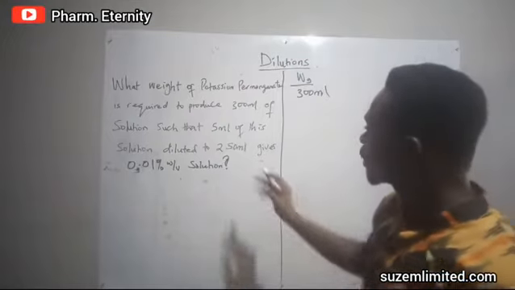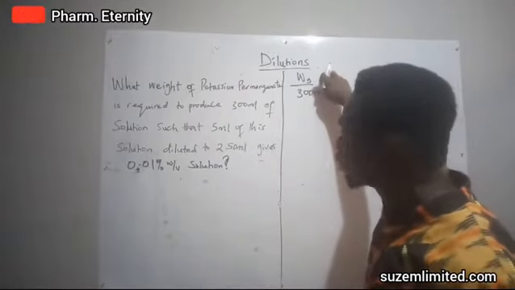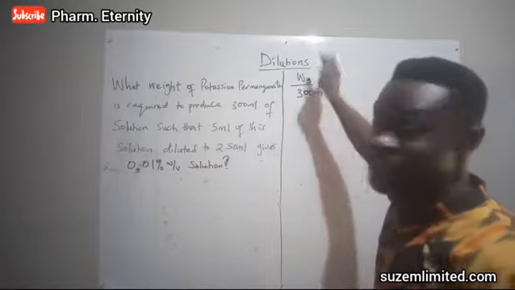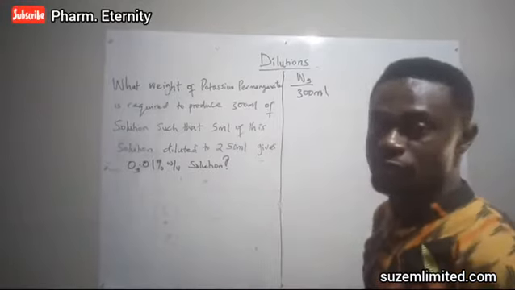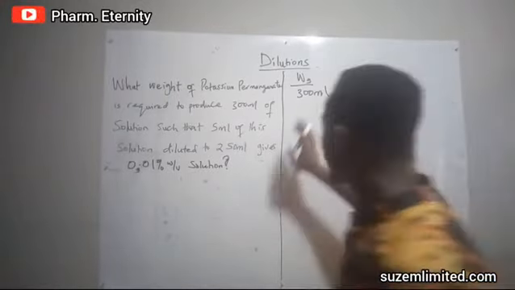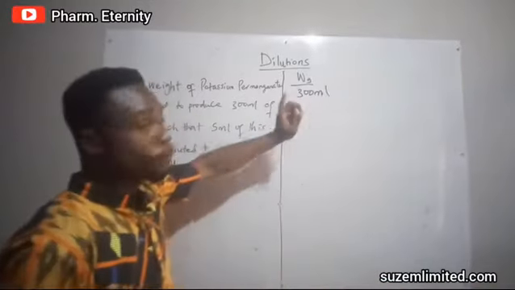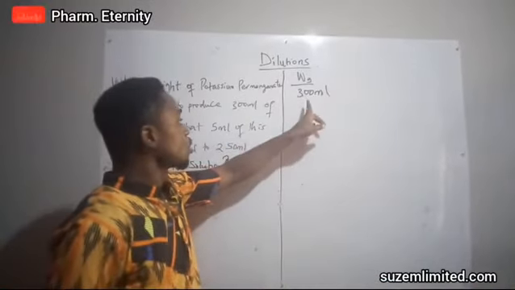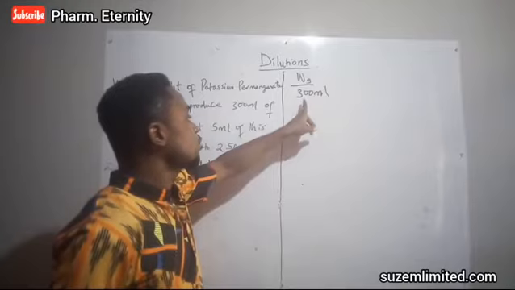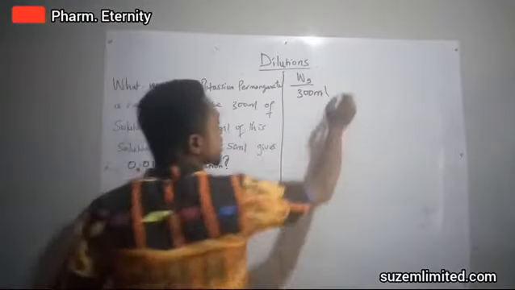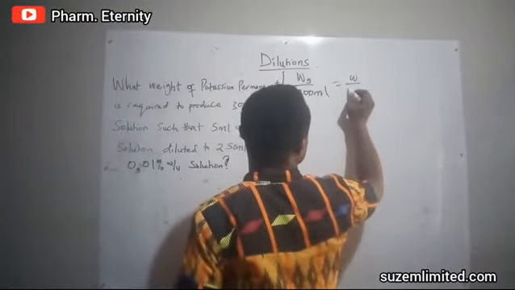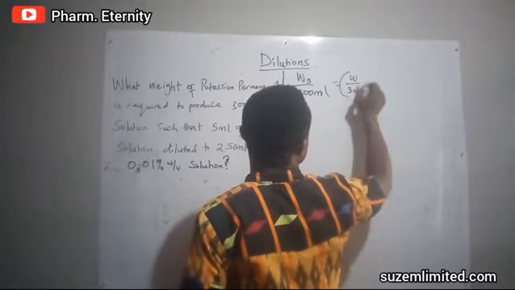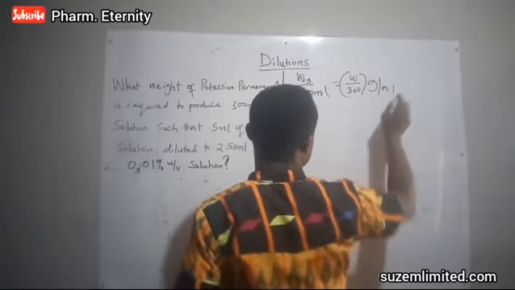Now let's go down again. We are asked that 5 ml of this solution was diluted to 250 ml. Now let's go back to the solution of strength W gram over 300 ml. That is W over 300 gram per ml.